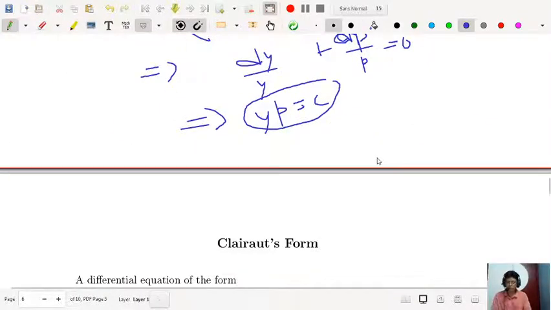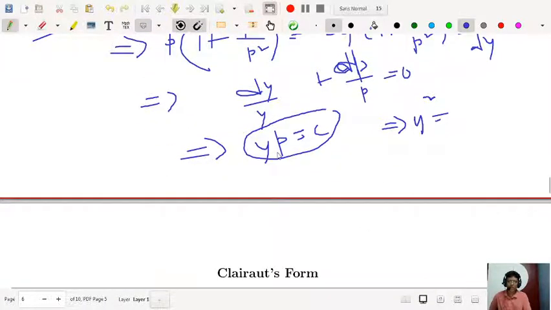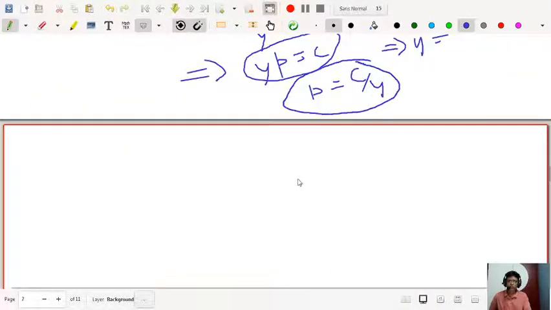So if you substitute in that equation, p is your c by y. Look at that, your p is your c by y. What was the given equation?